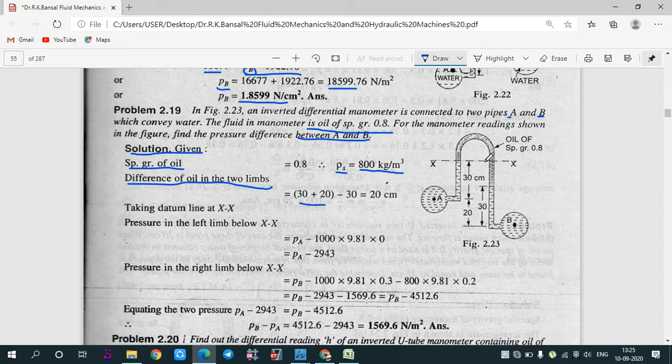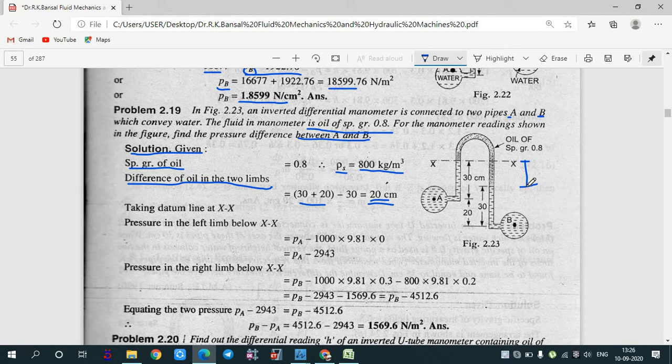We need to calculate this height from here to here. For that we need the total height. The total height is 50, and if we subtract 30 from this 50, we get the value of this. So 30 plus 20 is 50, minus 30, it will give you 20 centimeters. So the difference of the oil level is 20 centimeter.